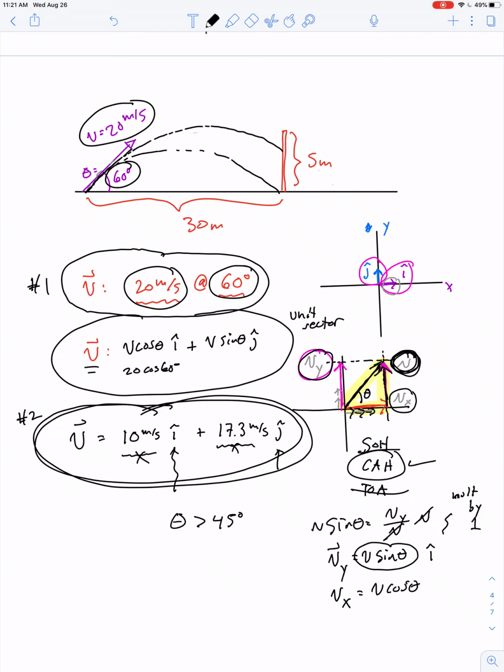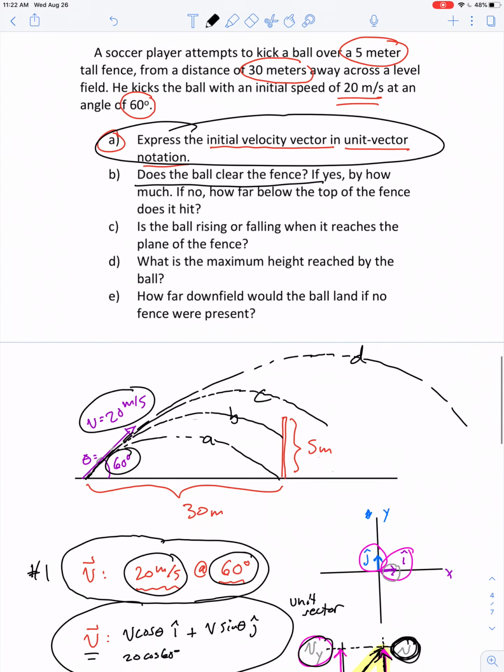It could be rising, reaches its greatest height, and then on its way down, clears the fence. Or it could be it's rising, rising, rising, still hasn't reached the plane of the fence yet, then reaches its maximum height, then comes down. So whether it's A, B, C, or D isn't clear based on the information given in the question.